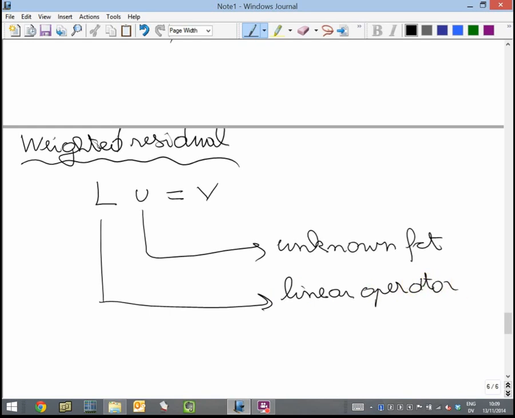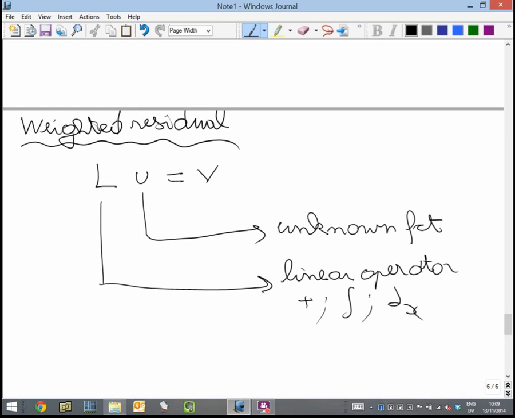So linear operators, of course, not only summation, but also stuff like integrals or taking the derivative. So these are all linear operations. So we have linear operators operating on an unknown function, and then there's a right-hand side, of course, which is the excitation. That's the known excitation, like a source, which is generating field components. So this is the general problem that we want to solve. LU is equal to V.